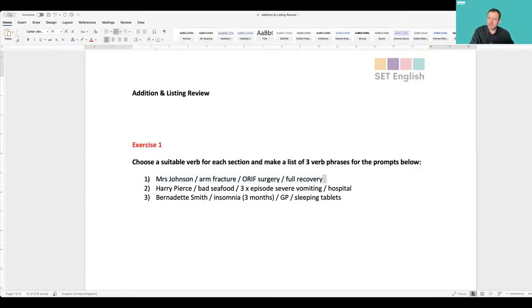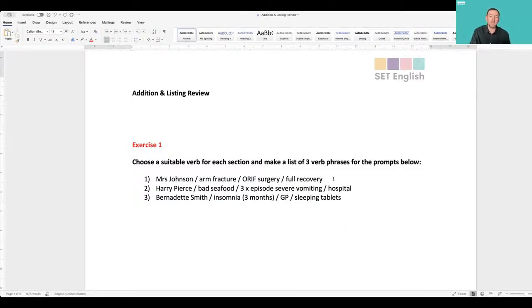There's a story there, isn't there? Yes. I think we know what the story is. Harry Pierce, bad seafood, 3 times episode severe vomiting, hospital. There's a story there. Bernadette Smith, insomnia, 3 months, GP, sleeping tablets. We've got different items there that I want you to put in.